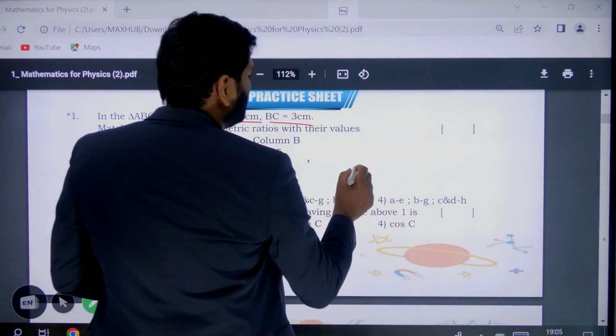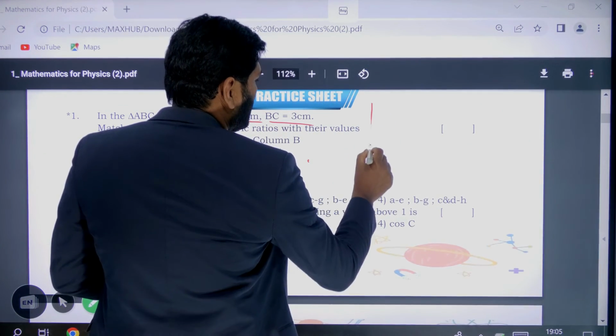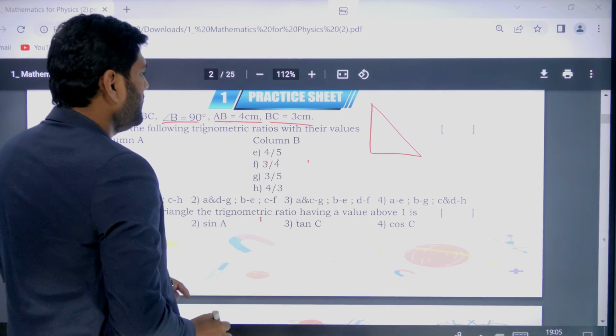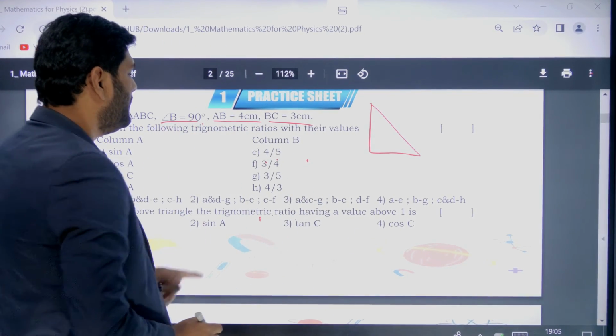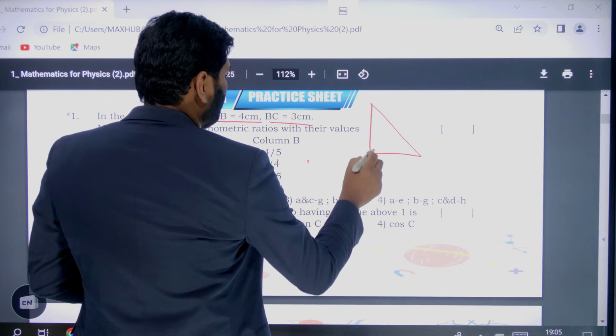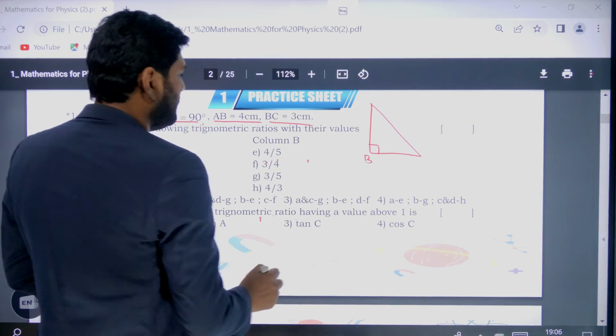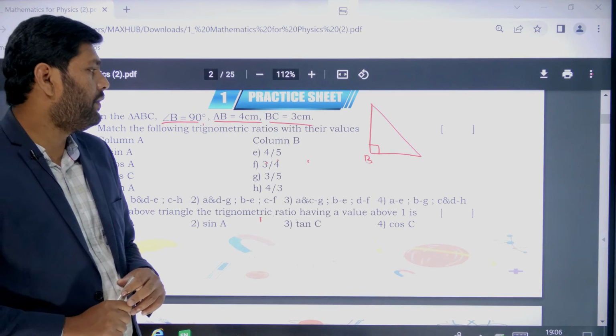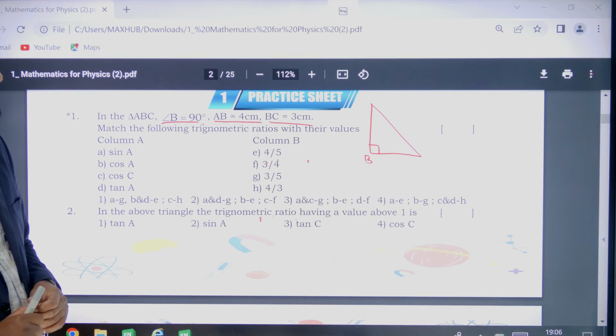So I'm drawing a triangle here. He said already angle B is 90 degrees, so this angle is 90 degrees.